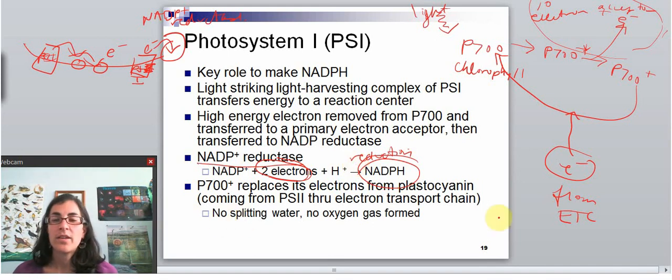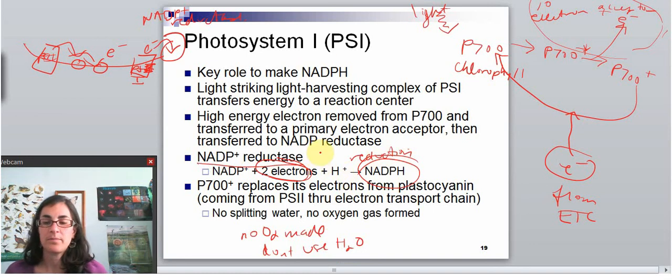So in PS1, because I have this electron coming from the electron transport chain, I don't make oxygen and I don't use water. Okay, I don't make ATP, I make NADPH in PS1.